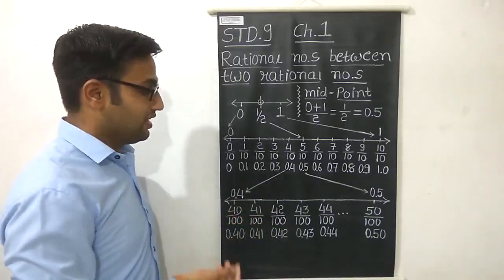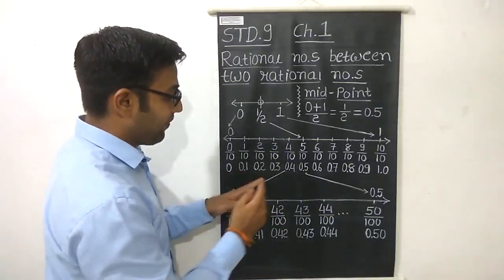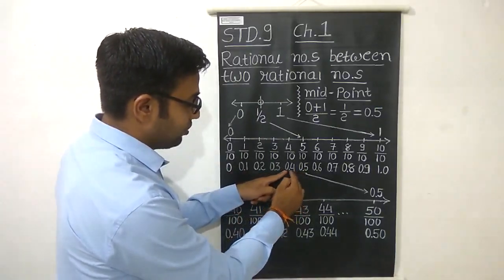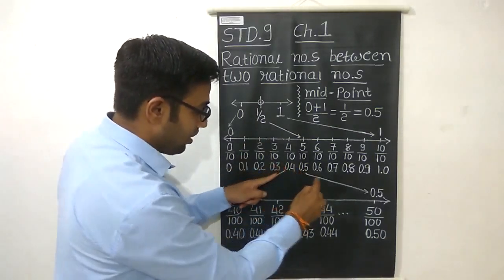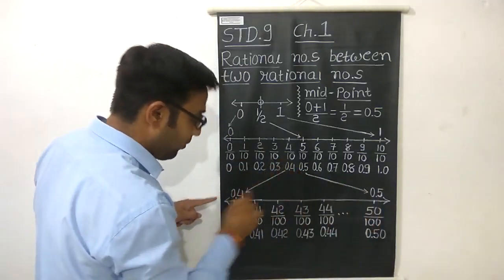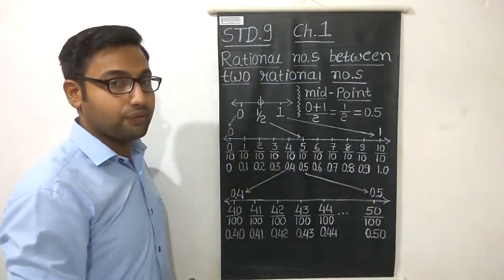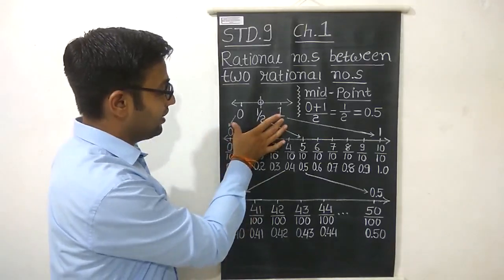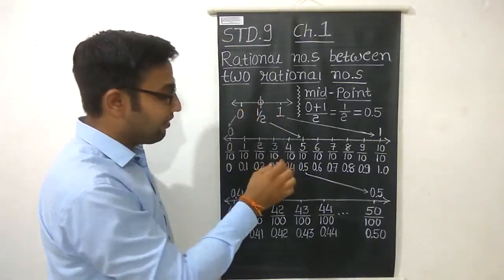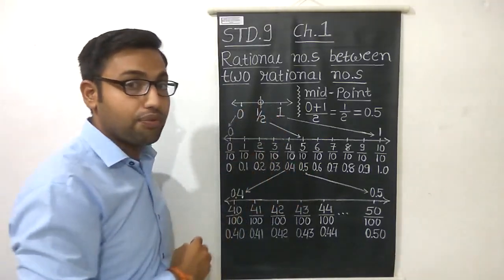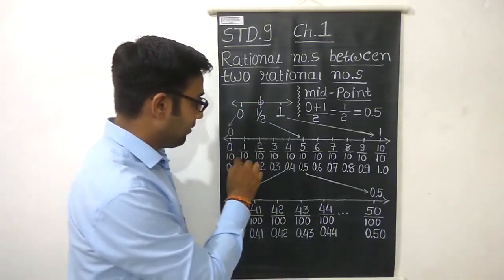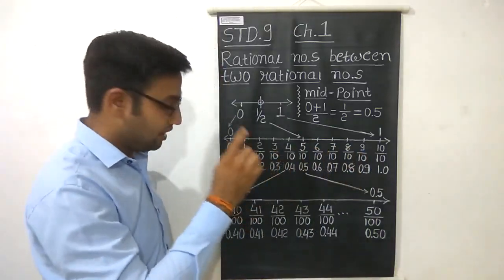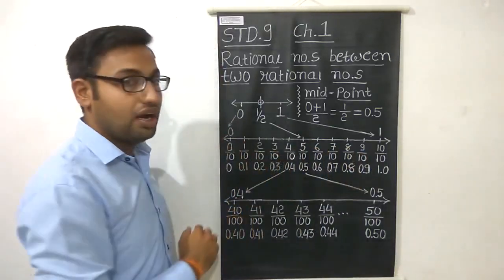So how to find them? Let's again magnify the two numbers 0.4 and 0.5. By magnifying this portion, we get 0.4 here, 0.5 here. As we have done magnifying 0 and 1, now we will magnify 0.4 and 0.5. As we divided by 10 before, here we will divide by 100.